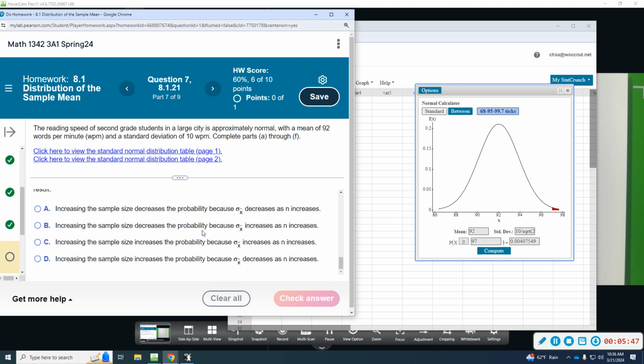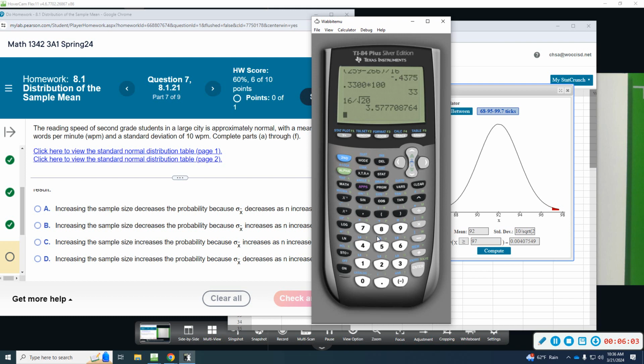Increasing the sample size decreases the probability because sigma increases as n increases. So let's look at what happens to sigma. I believe it's A, but let's look at the sigma. If I take the 10, which is my standard deviation, divided by the square root of 14, that was my first sample size, we get this.